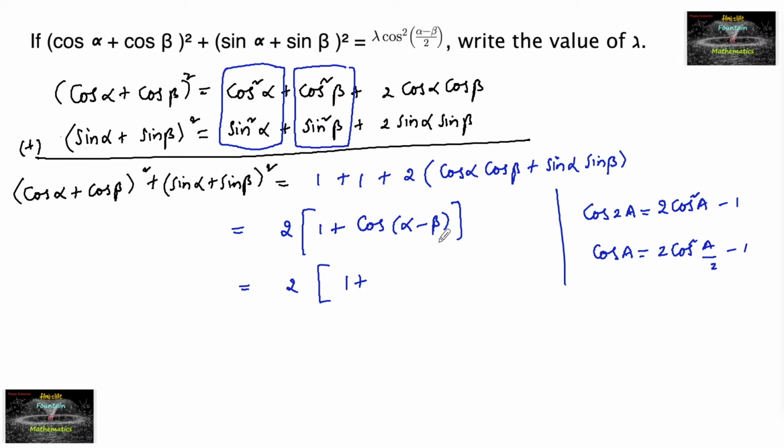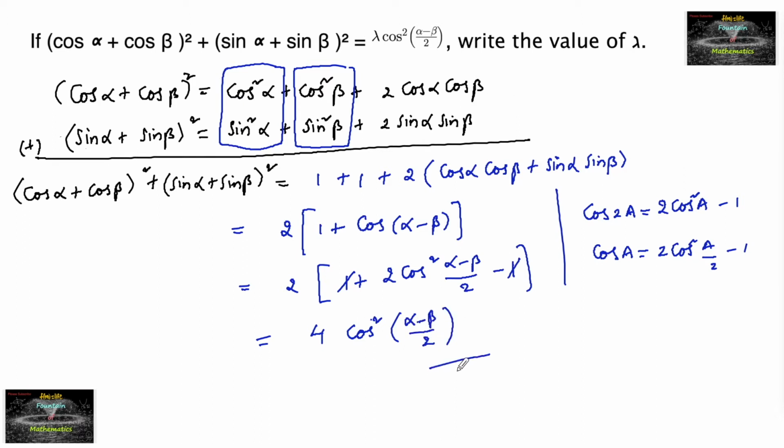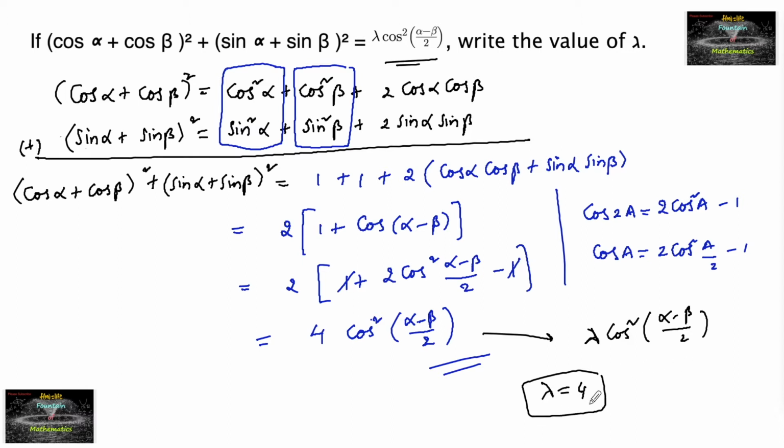So cos of (alpha minus beta) we can write as 2 cos square of (alpha minus beta) by 2 minus 1. So minus 1 plus 1 get cancelled, so this is 4 times cos square of (alpha minus beta) by 2. So when comparing with the given RHS, lambda times cos square of (alpha minus beta) upon 2, we can say lambda is equal to 4. So the value of lambda is 4.